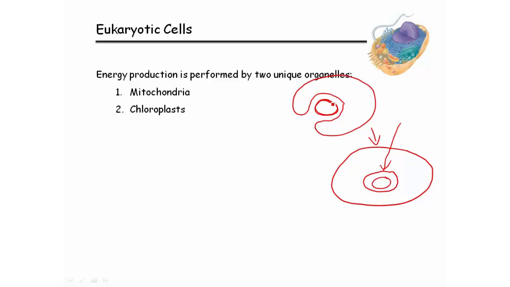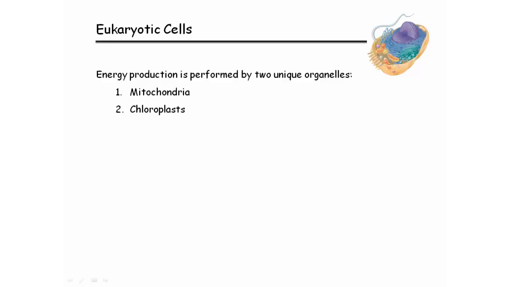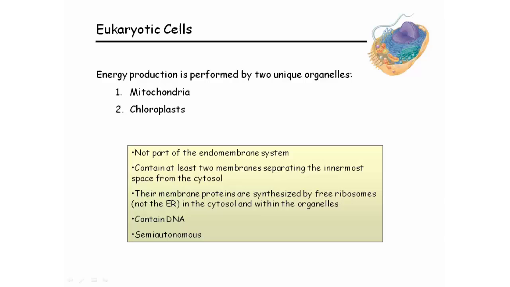So if we talk about some of those unique features, one of the things that's going to be common to these is, first of all, you are going to see that they do have multiple membranes around the outside. So these are going to contain at least two membranes separating their innermost space from the cytoplasm of the cell. So at least two membranes.